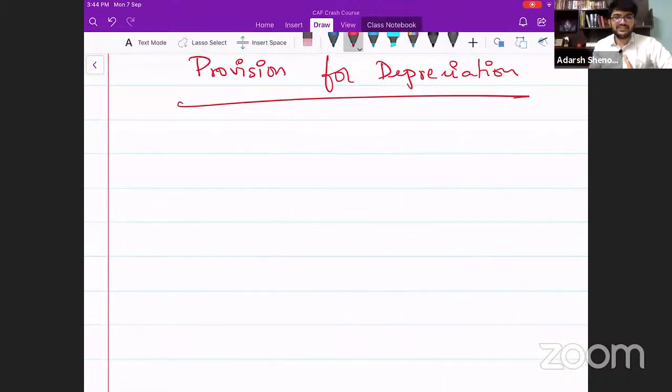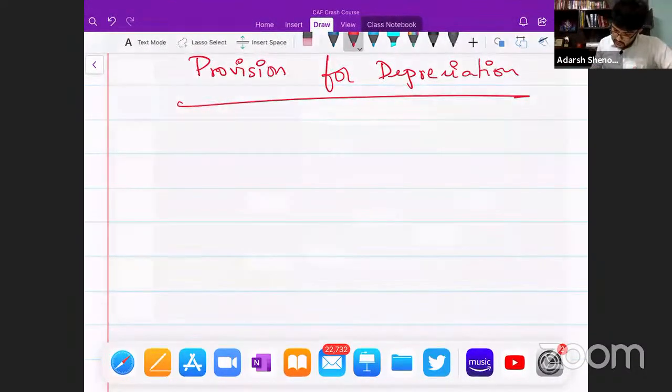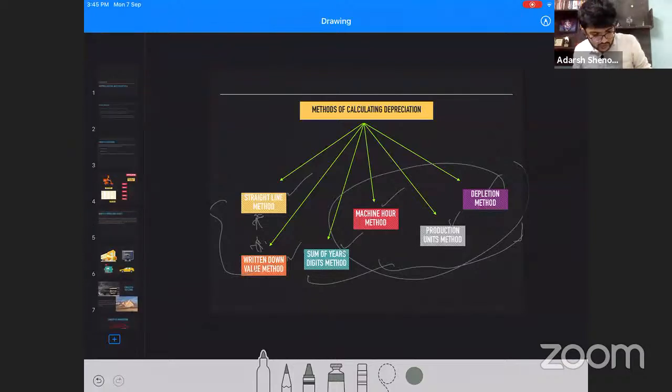Now, provision for depreciation. We're going to discuss what about this provision for depreciation, sir? How does this work? Provision for depreciation is an accounting way, it's how we account for depreciation. What was the journal entry for depreciation? I told you that time when I was discussing here, in the first example I gave you.